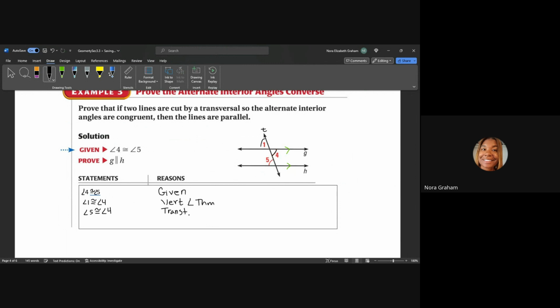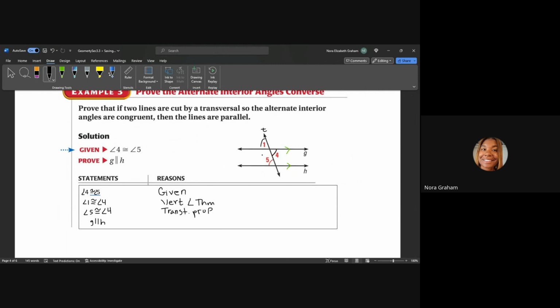Again, I'm going to abbreviate property. And then our last step, we can finally prove that G is parallel to H, because these are two corresponding angles.